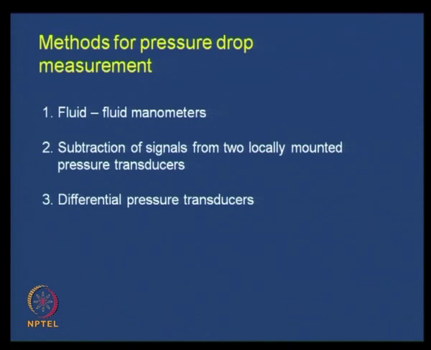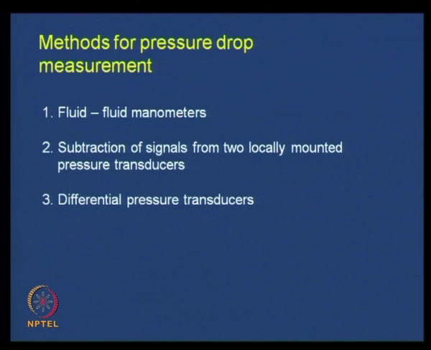Then the other technique, as we have already seen, it is subtraction of signals from two locally mounted pressure transducers, that is there, and after that the differential pressure transducers. It is not always that we will always select that one particular method among these is the best.